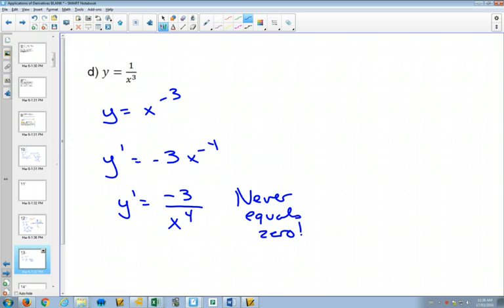And if it never equals 0, there are no stationary points, no relative maximums, no relative minimums. Just like last time, though, we do have a non-permissible value. X can't equal 0.